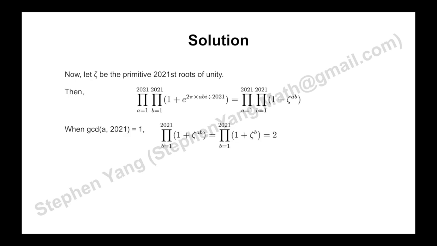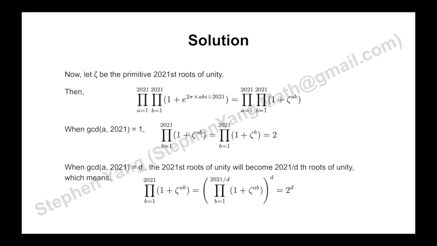Now, when GCD of a and 2021 is equal to 1, the 2021st roots of unity still remain 2021st roots of unity after raising to the a power. Therefore, the product for b equals 1 to 2021 of (1 plus zeta to the ab) is equal to the product for b equals 1 to 2021 of (1 plus zeta to the b), and that is just 2.